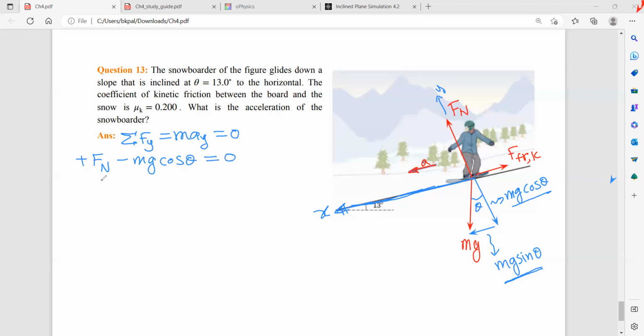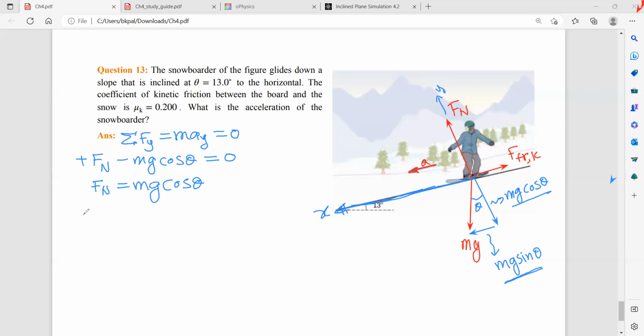So this tells us that Fn this time is equal to mg cosine theta. Let's keep it, and then we need to substitute this equation somewhere. We cannot calculate it numerically because we do not know the person's mass. We know the gravitational acceleration, we know theta, but we do not know the person's mass, so we cannot solve this right now.